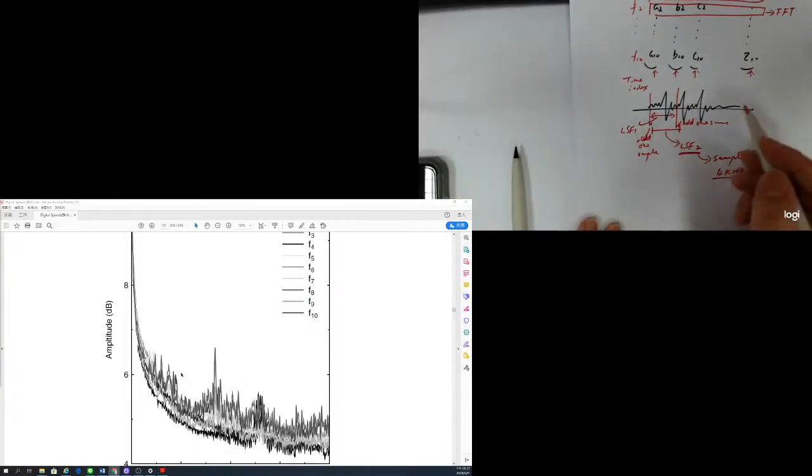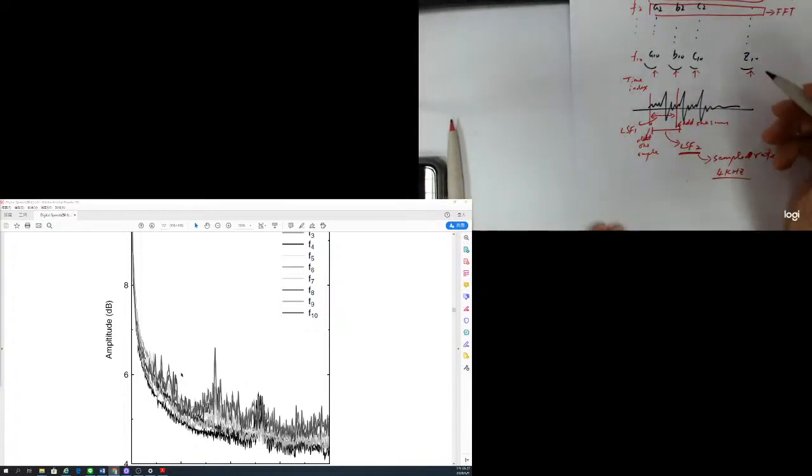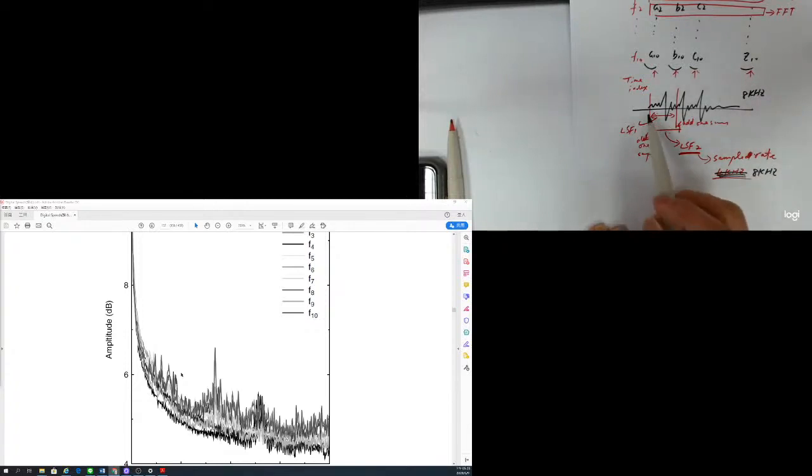So this one is an 8 kilohertz sample. The sampling rate should be 8 kilohertz, because each sample is 8 kilohertz. Neighboring speech frames are just one sample different.